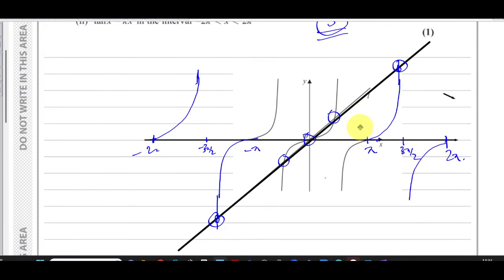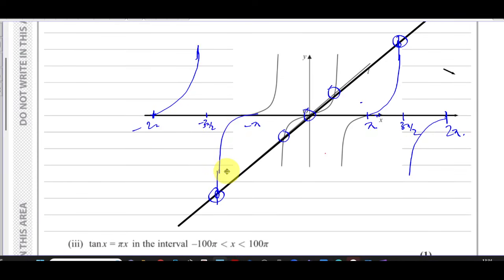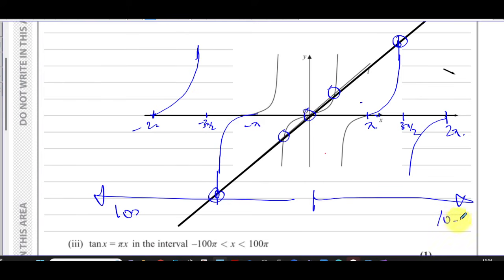And if you were to take this half of it and copy and paste it, you'll see every 2 pi will have 2 solutions. That means every 100 pi you're going to have 100 solutions. So you're going to have 100 solutions in the positive direction.